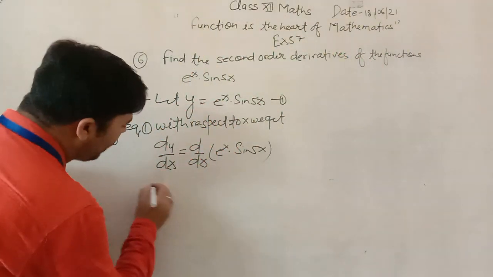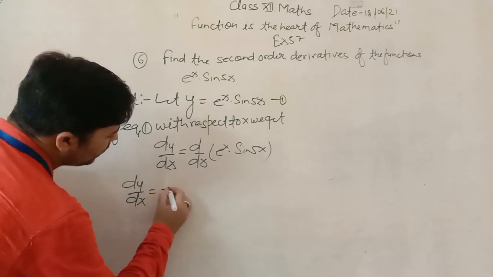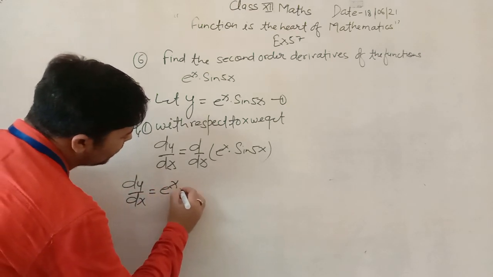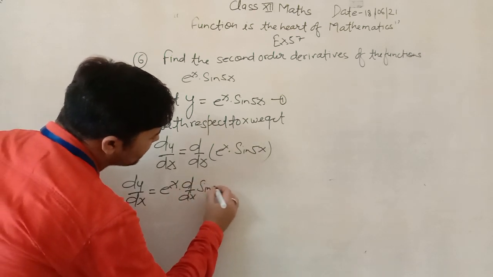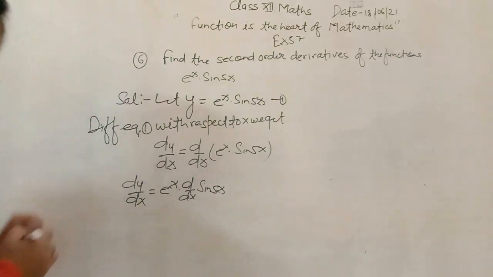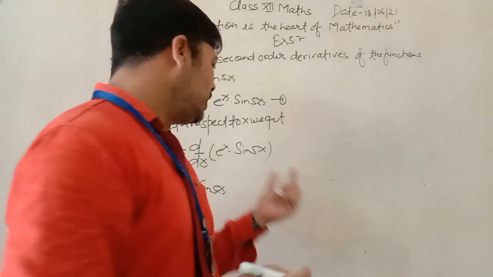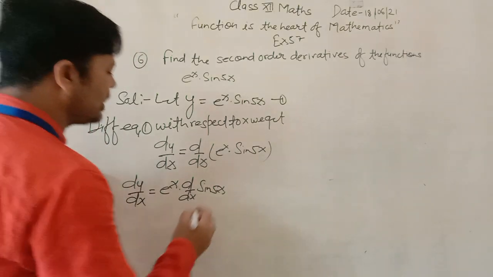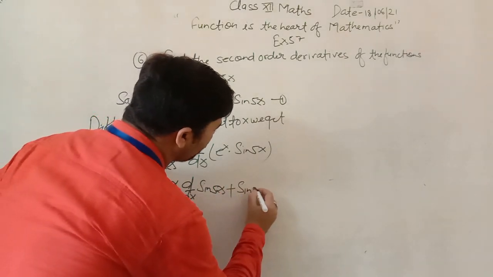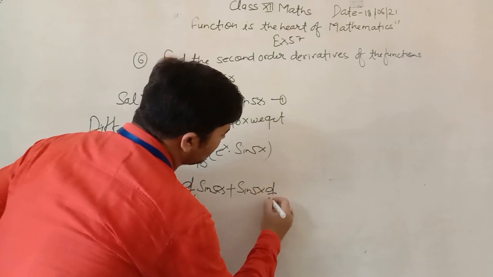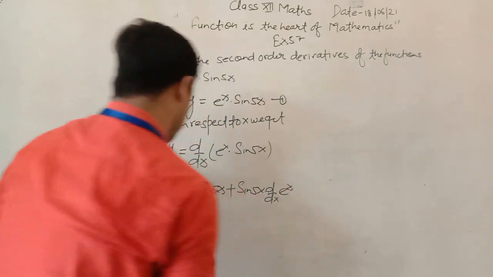So here, take e to the power x as the first function and sine 5x as the second function. So first function into d by dx of second plus second into d by dx of first.